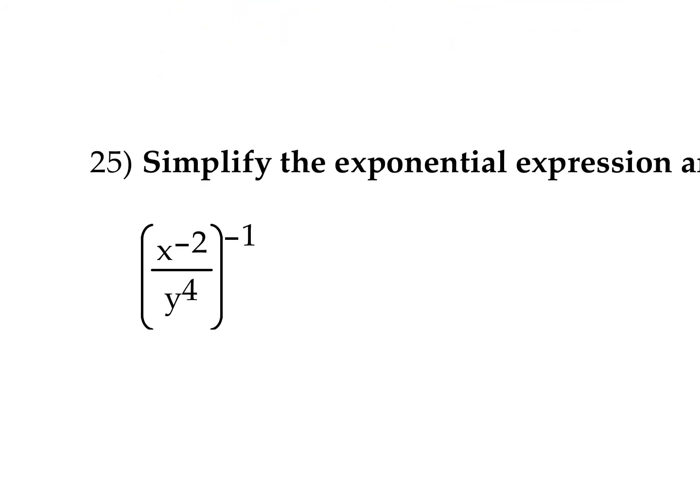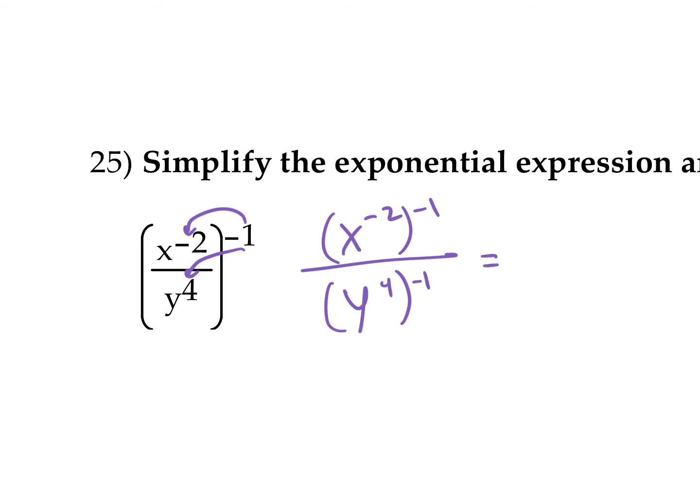All right, 25. What should I do first? Distribute, so that -1 exponent gets distributed to the x and the y. So x to the power of -2 to the power of -1, and y to the power of 4 to the power of -1.